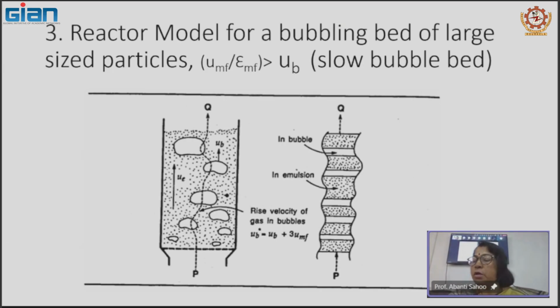Similarly, for the others you can also do it, but time will not permit, so I will just say this in 2 minutes. In all cases we are considering plug flow in the fluidized bed reactors. The model we consider is the plug flow reactor.